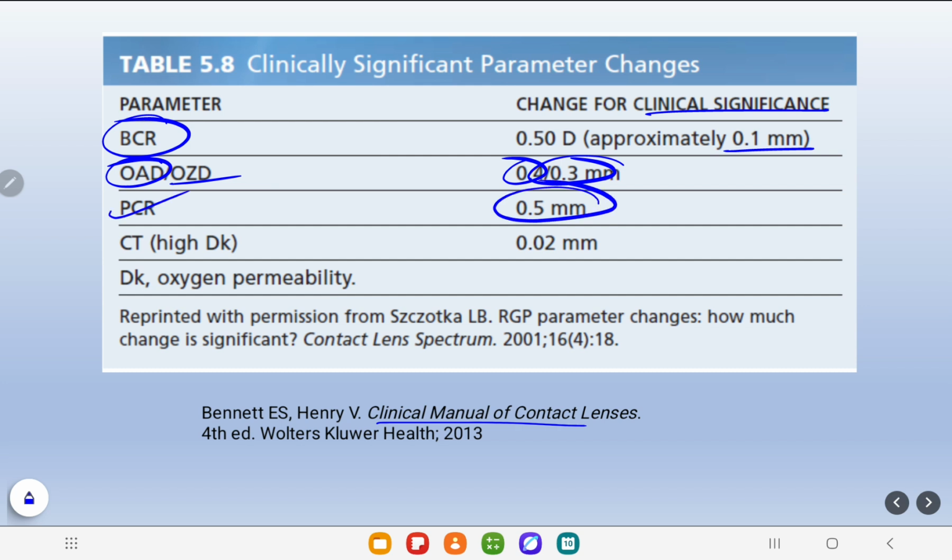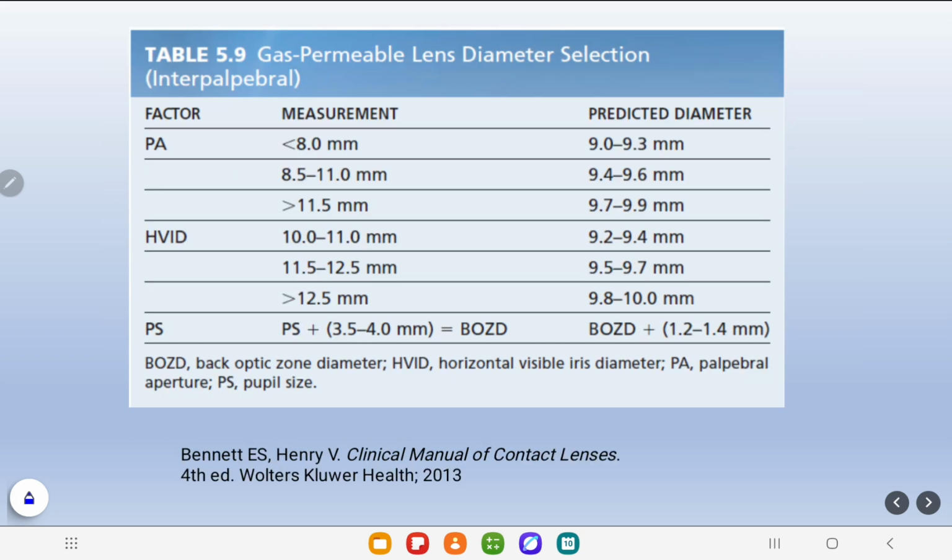Peripheral curve, we have to change by 0.5 mm, a bit more. Central thickness for high Dk, we have to change by 0.02 to see exactly a significant clinical change. So that's a better graph. Yes, I have taken this graph from this book.